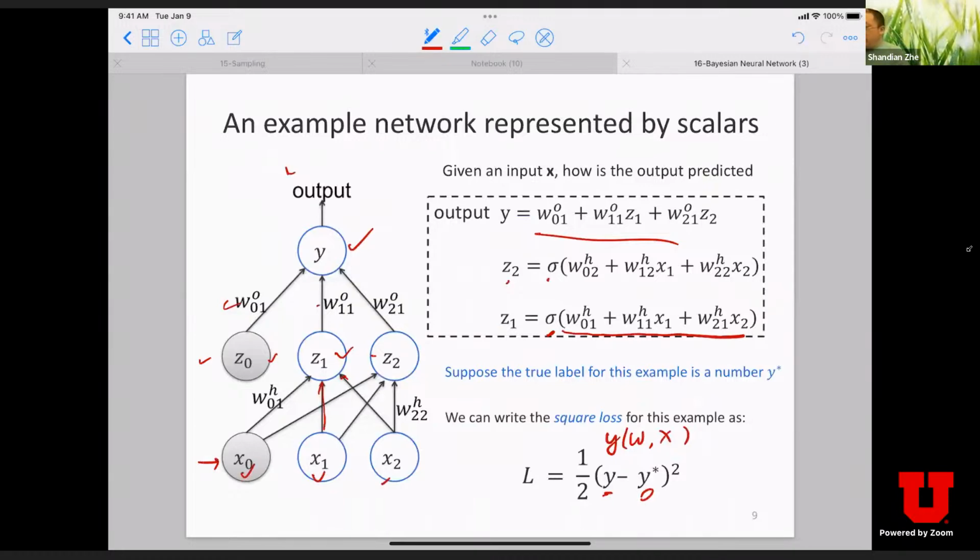Then you calculate the loss of your prediction. Suppose you have many data points, you just sum over the loss of the prediction at every example. You get an objective function for your neural network weights. Then you just minimize the loss to learn the weights of the neural network.